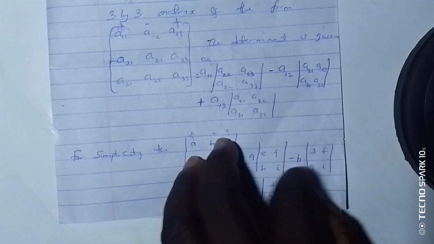Now that will take us to examples on 3 by 3 matrices. I have to write the notes down to save the video length, I mean to reduce the video length. So to find the determinant of this kind of matrix, please make sure you are listening attentively in order to understand this concept clearly.